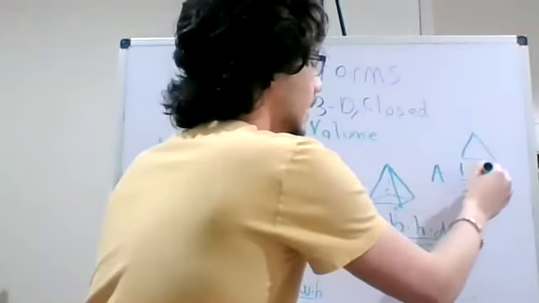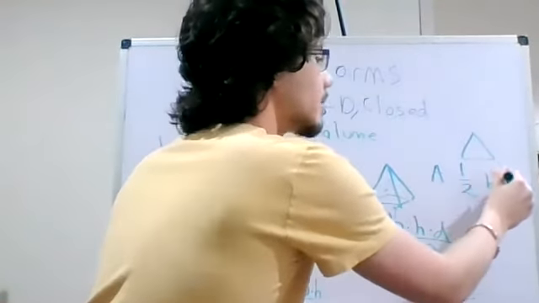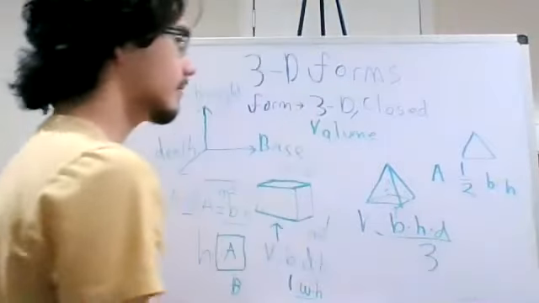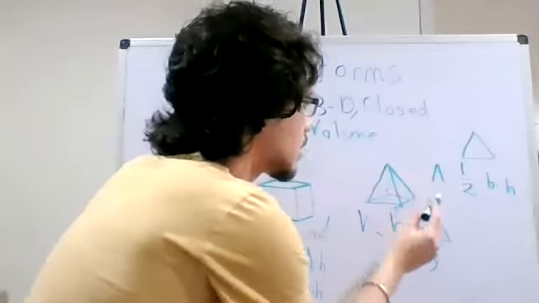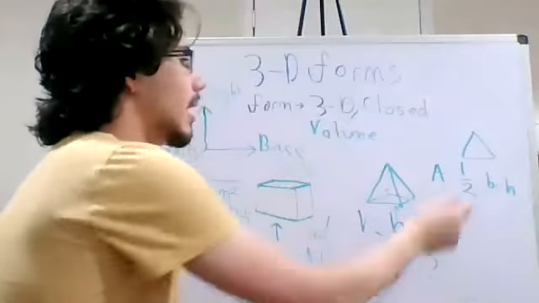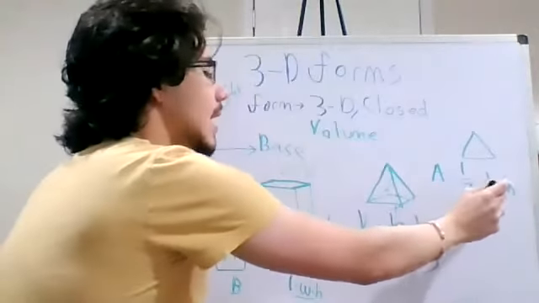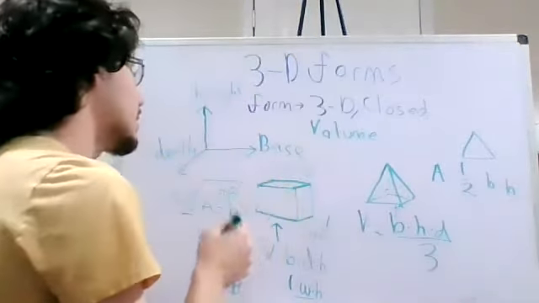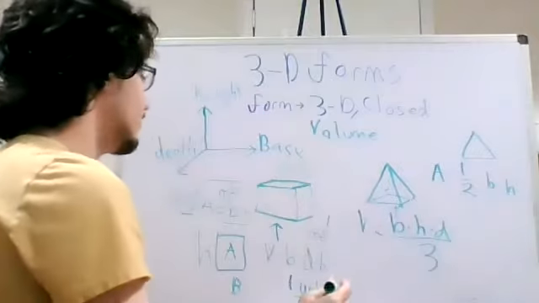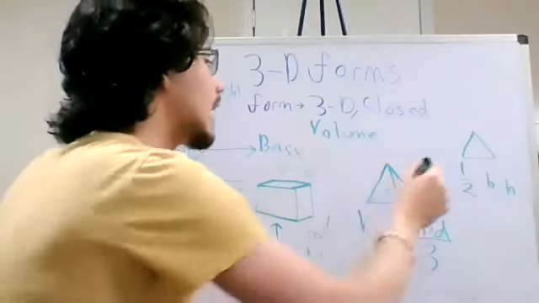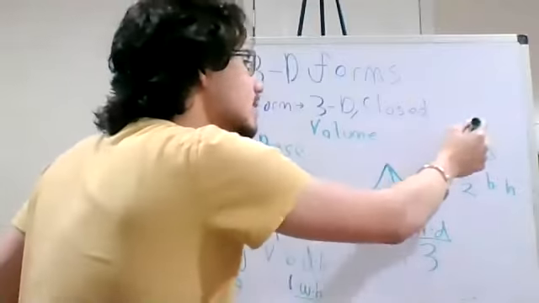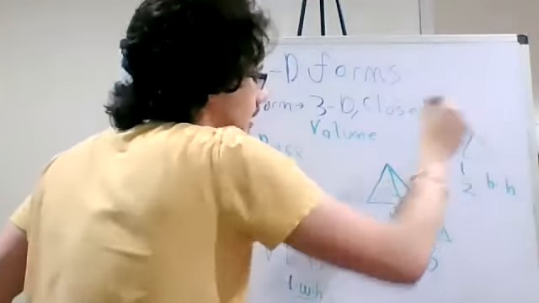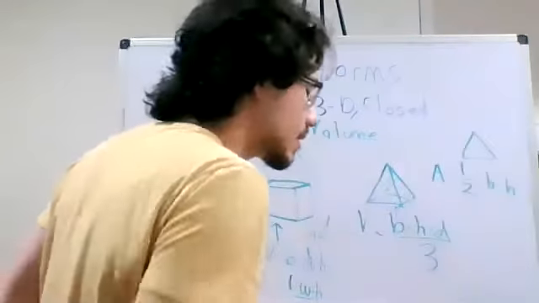Half base times height. So this is what we start off with. So area is base times height, and we know that is base and height describing two directions, and we half it because a triangle is found by taking half of a square.